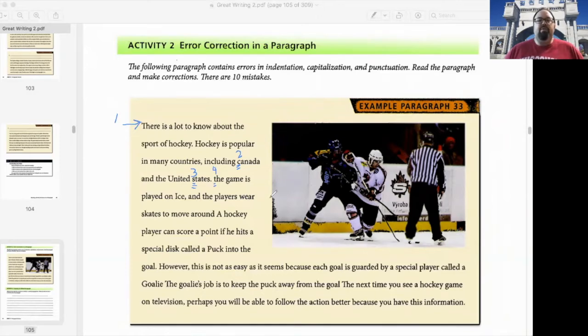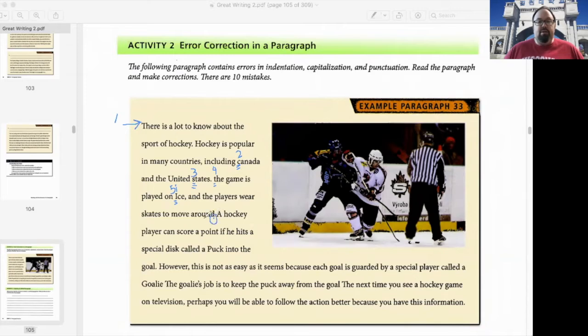That's our fourth mistake. The game is played on ice. Ice should not be capitalized. That is number 5. And the players wear skates to move around. Okay. To move around, what? Period. There's no period there. We need a period.